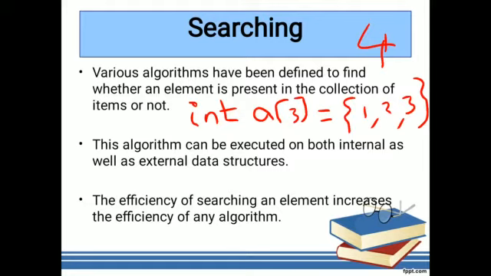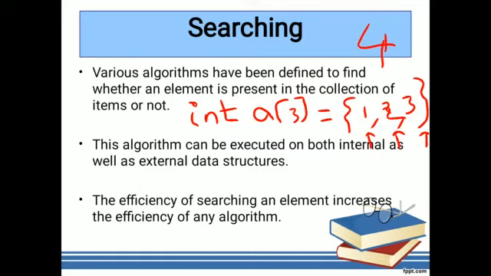Now take element 2. Element 2 is one of the elements of this array, and we will find the position of 2 also. What is the position of 2? This is the 0th position, this is the first position, and this is the second position.